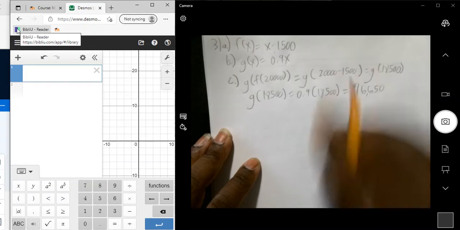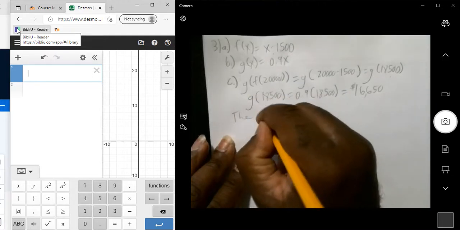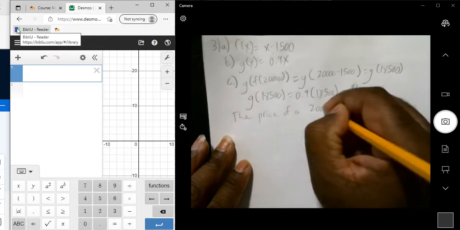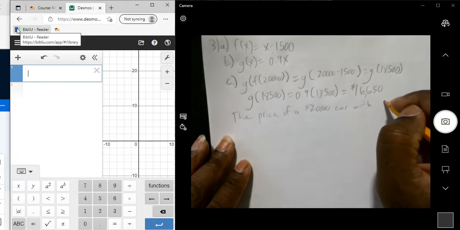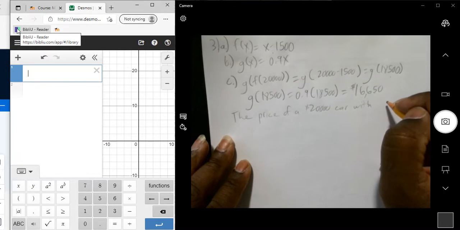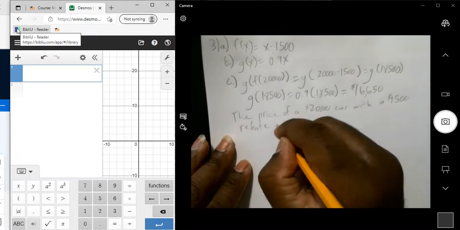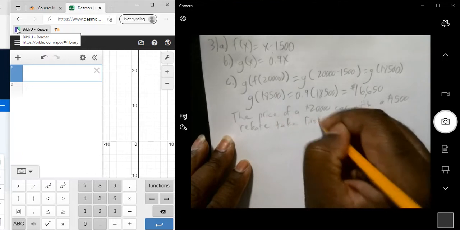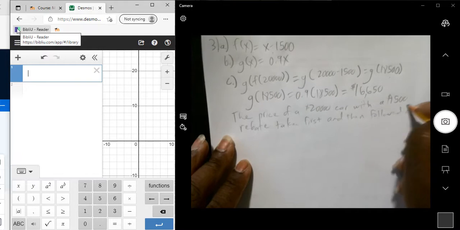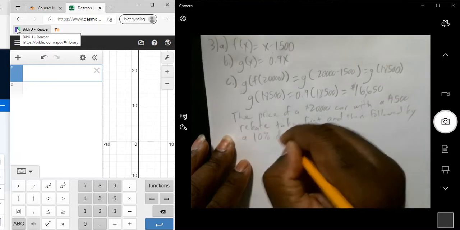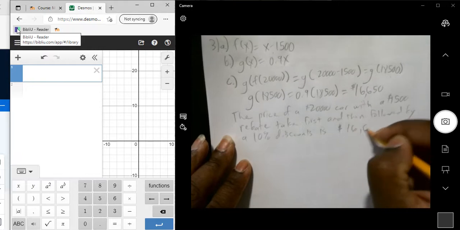So if you write out an answer in a sentence, you will say the price of a $20,000 car with a $1,500 rebate taken first, and then followed by a 10% discount is $16,650.